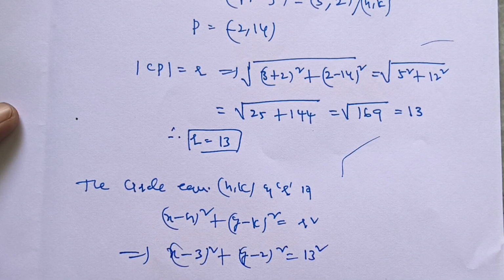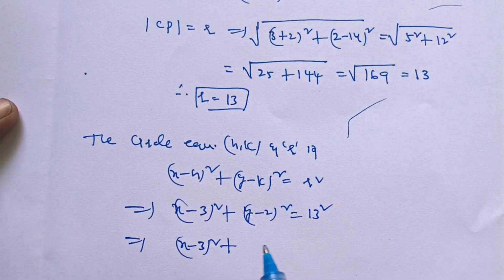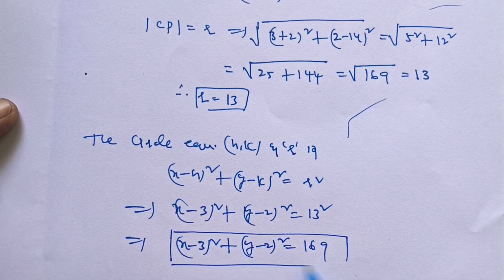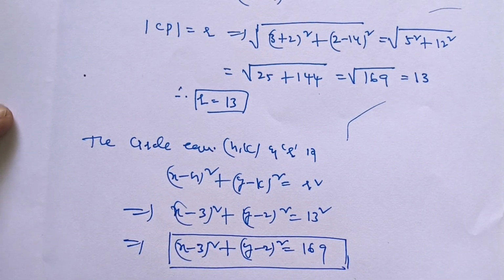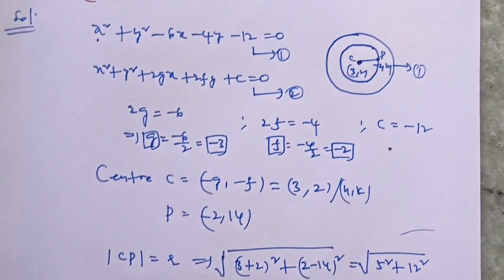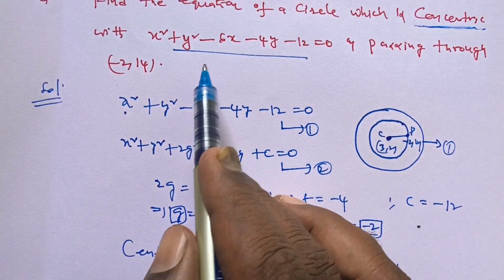So x minus 3 whole square plus y minus 2 whole square is equal to 169. This is the required equation of the circle, which is concentric with the given circle here.